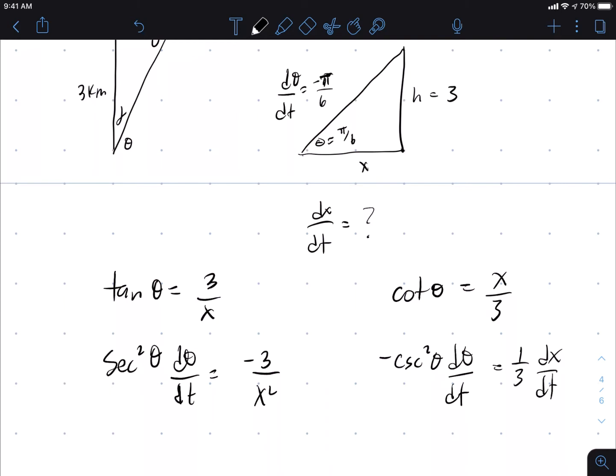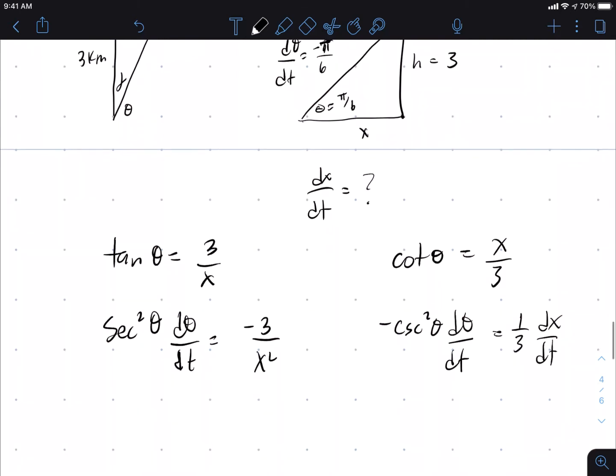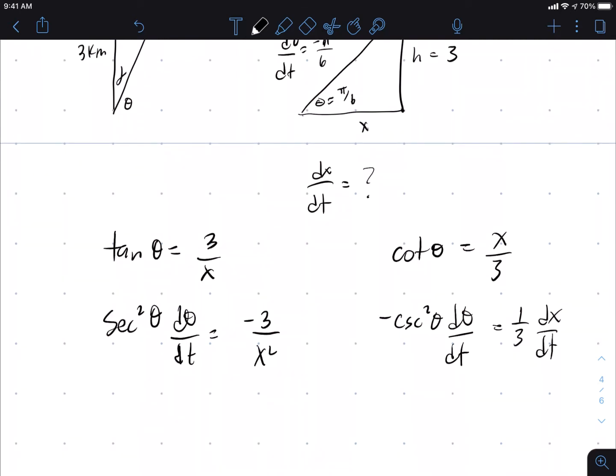Now, I have these things so programmed in my dome that I don't need to think about that derivative, but the cotangent one to me is a little bit easier. Okay? All right.